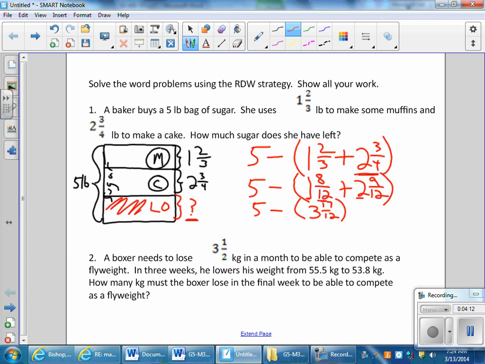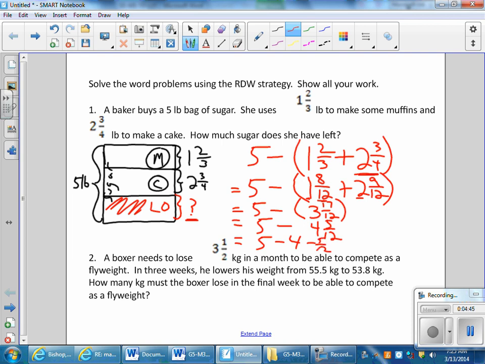I see that I have an improper fraction. 17/12 is 12/12 plus 5/12. So I'm going to take 1 whole and add it to the 3, that 12/12, and have 5/12 left over. Okay, and then lastly, I'm going to take 5 minus 4 minus 5/12.